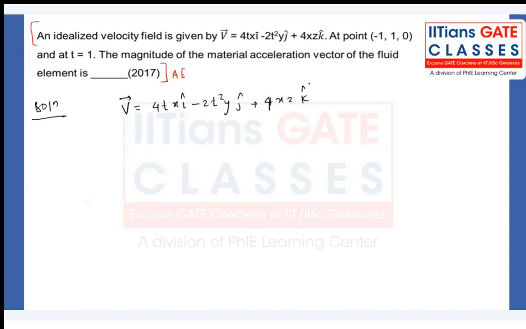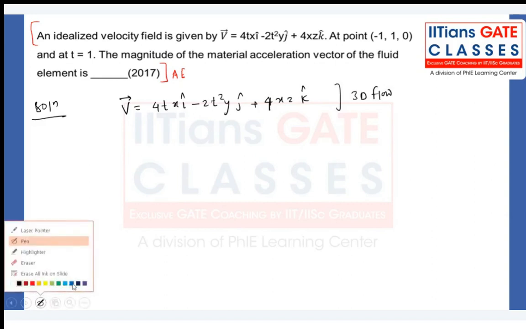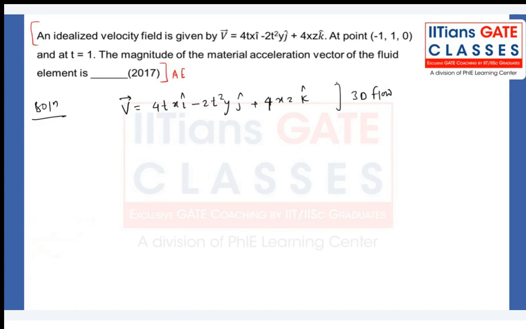It's a 3D flow, right? It's a 3D flow because fluid is flowing not only in the x direction, but also in the y and z directions, and all the coordinates have been involved. See that x, y, z. It's a three-dimensional field. Three independent coordinates are required: x, y, z.